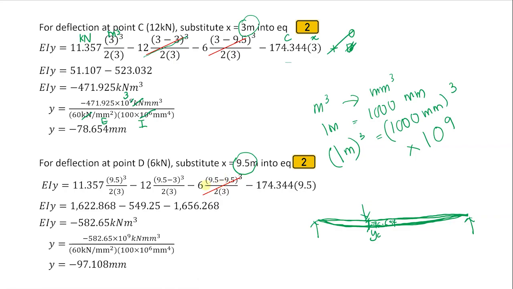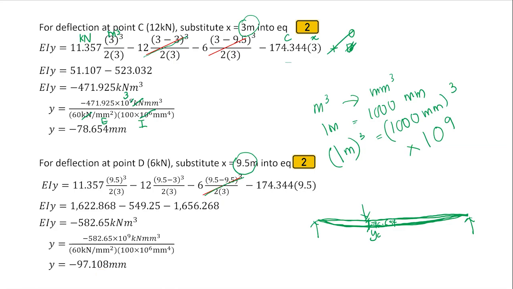Jadi kita boleh cancel. And yang lain-lain ada calculation lah. Right. And then kat sini I dapat negatif 582.65. Unit dia sama. And kira cara yang sama and I dapat negatif 97.108.